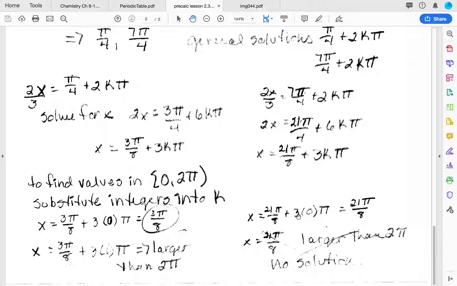I'm going to set my k equal to my first integer 0, and I get an answer of 21 pi over 8. 21 pi over 8 is already larger than 2 pi, so there is not an angle between 0 and 2 pi that meets these conditions. So in this area, there's no solution. So the only solution that works here is 3 pi over 8.